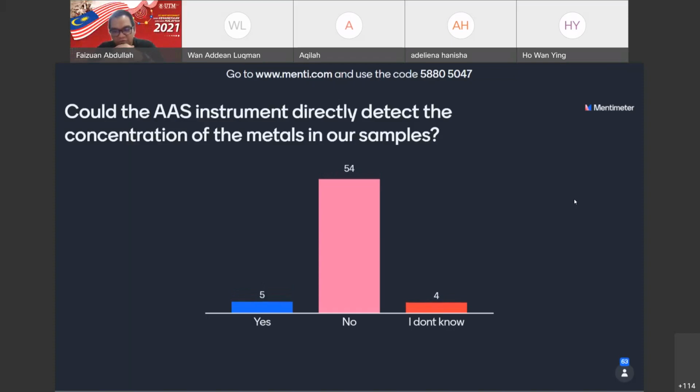I actually want all of you to vote for this. Answer it sincerely, yes, no, or I don't know, because your identity is not shown here, so it's okay. Could the AAS instrument directly detect the concentration of the metals in our sample?